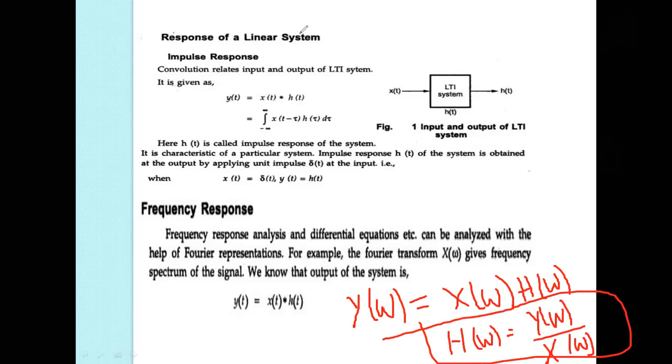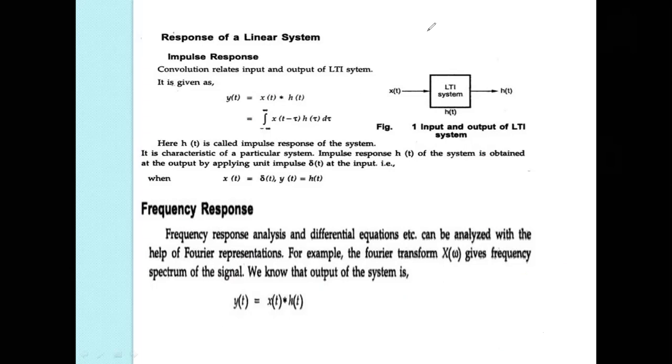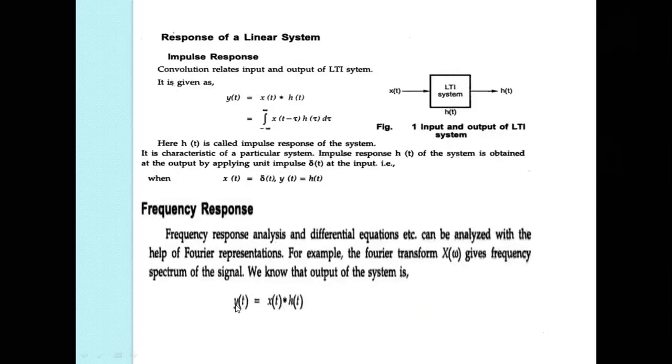Okay, my dear students, it's a frequency response. You see, by the convolution theorem, the above equation becomes Y of omega is equal to X of omega, H of omega, or Y of f is equal to X of f into H of f. For this function, you can apply the Fourier transformation.